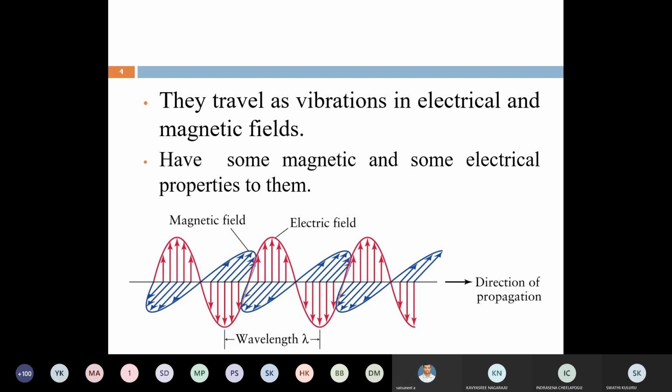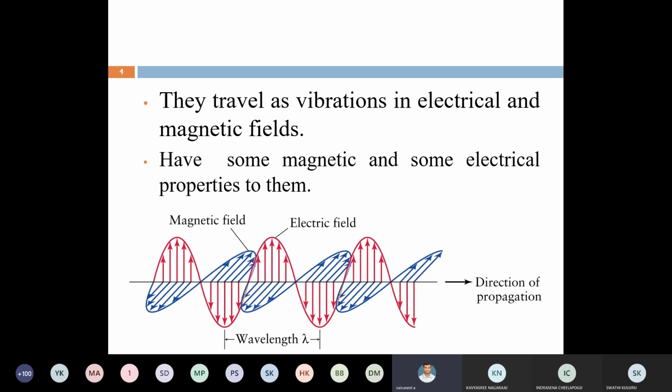In electromagnetic wave transmission, both the electric field and the magnetic field are perpendicular to each other, and they move in the direction of propagation. This figure shows the propagation of a wave through electric and magnetic fields, which are perpendicular to each other.